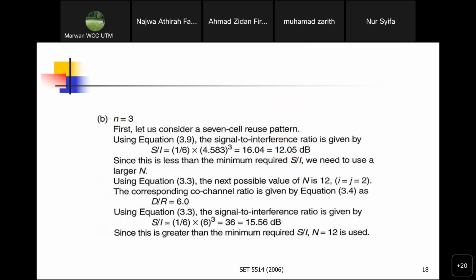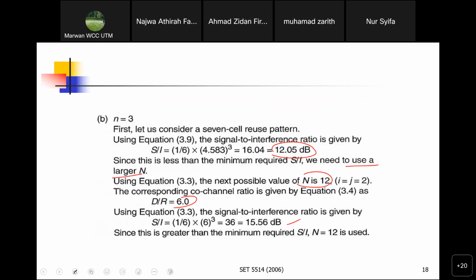So you can see if n equals 3, everything is the same, you cannot meet the requirement of 15 dB. So what to do next? You have to push the co-channel even further. How to push even further? You need to use a larger cluster size, so use N equals 12. You can see 12 over here. It is just simply above your requirement at around 0.56.